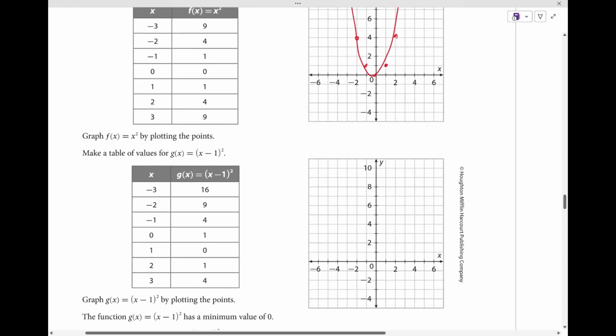Okay, I apologize. So, negative 3, 16 is off the page. Negative 2, 9 is right here. Negative 1, 4 is right there. 0, 1. 1, 0. 2, 1. And 3, 4 are the points I have on here.